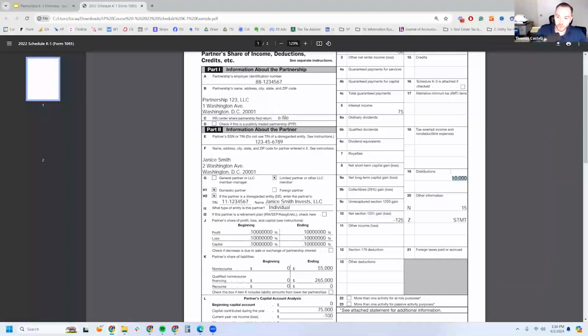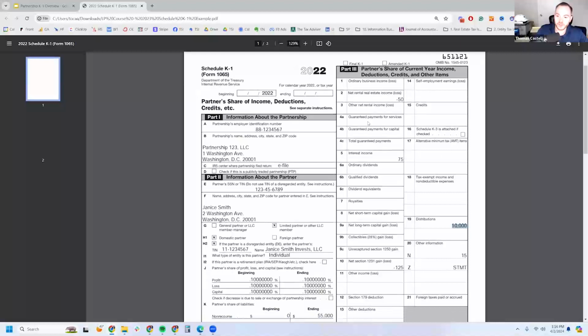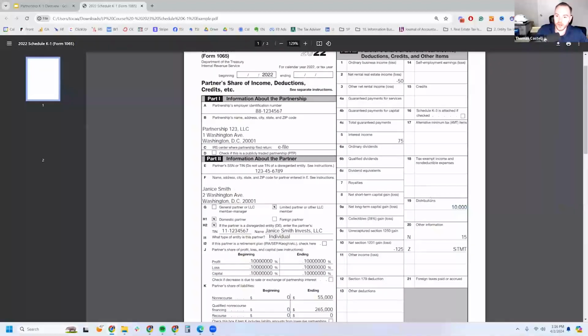We'll talk a little bit more about this in a minute or two, but I want to clarify these two boxes, box 2 and box 19. You can have positive rental income in box 2 that is taxable, and you might not receive any distributions, right? Distributions typically are not taxable.